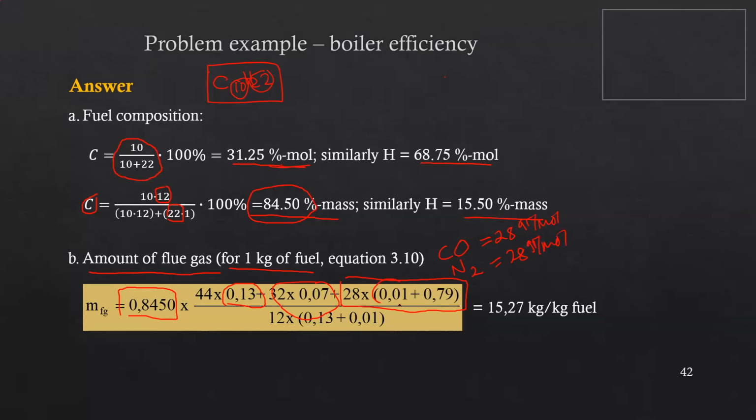So that's why we merge it together in order to make it easier. Then divided by 12 times CO plus CO2, which is 0.13 and 0.01, and we will have the amount of the flue gas as 15.27 kilograms per kilogram of fuel.